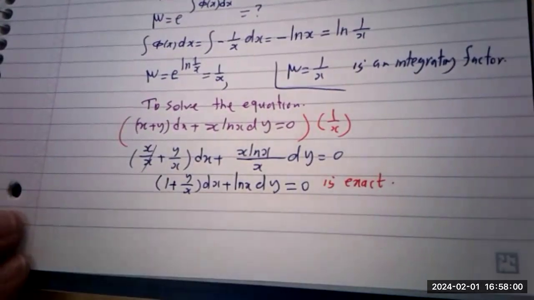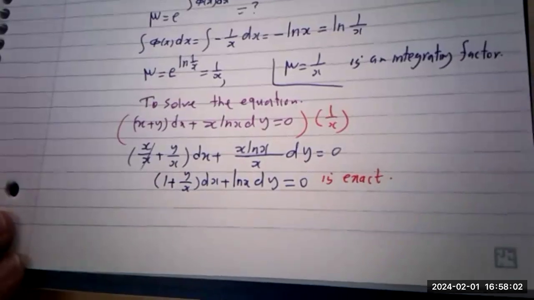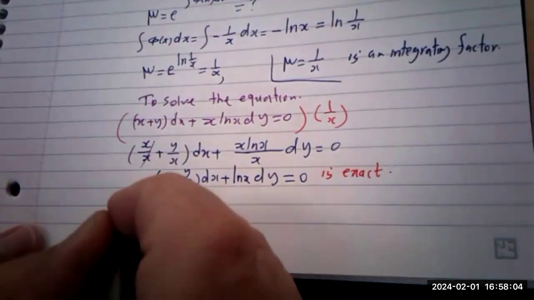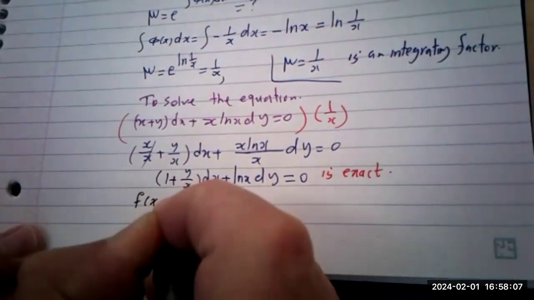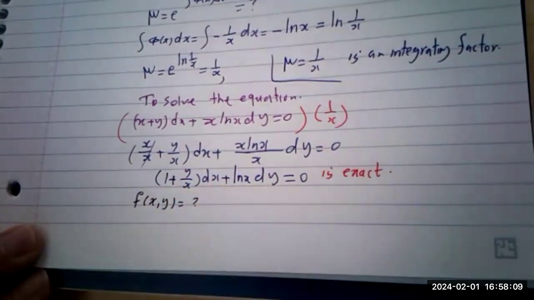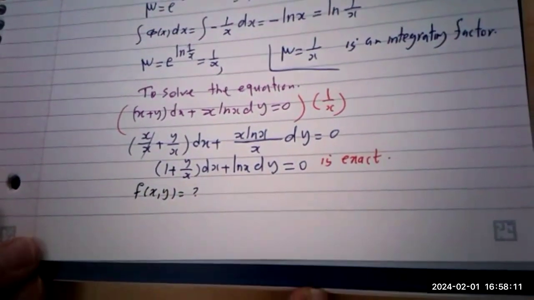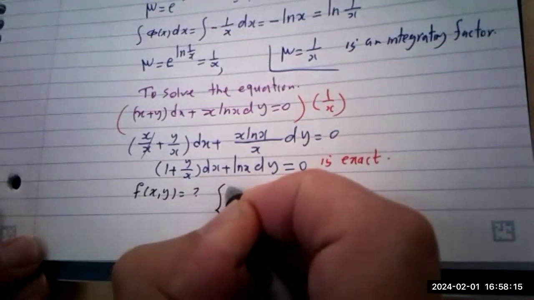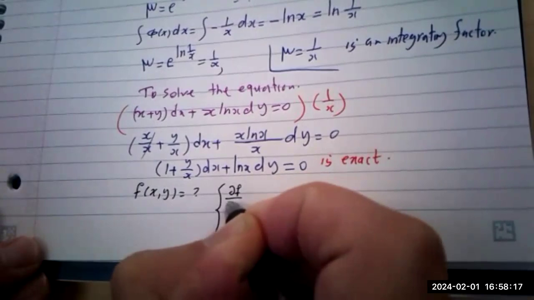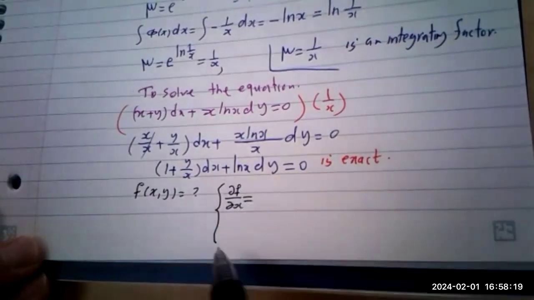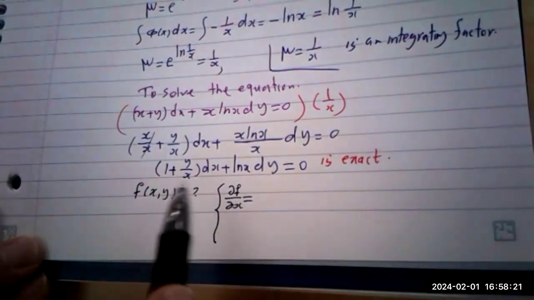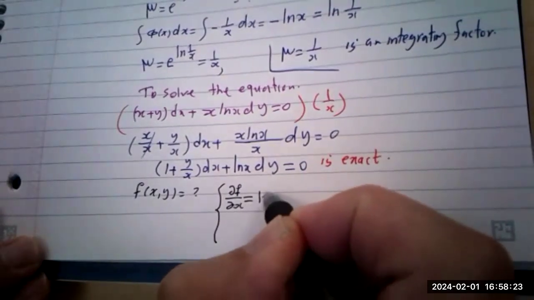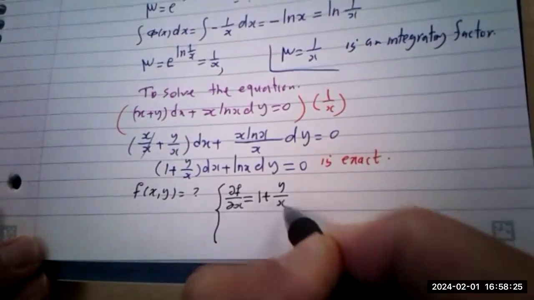So we go to the last part, finding the function f of x and y. Quickly write it down. The system of equations that we have: partial f over partial x equal to M, your M is this, 1 plus y over x.